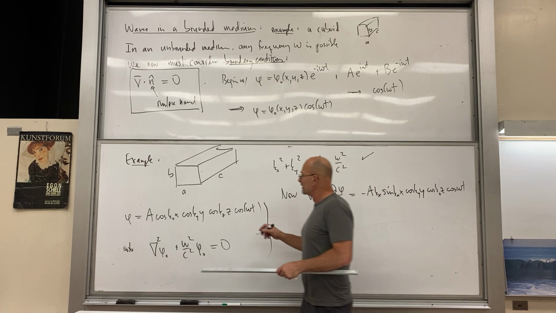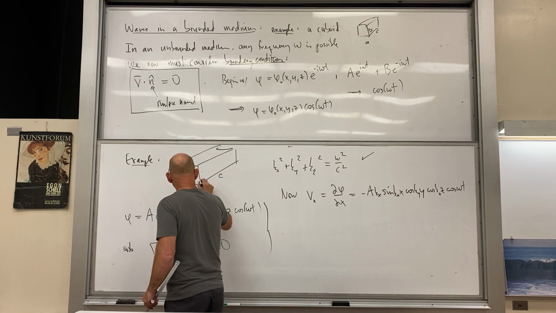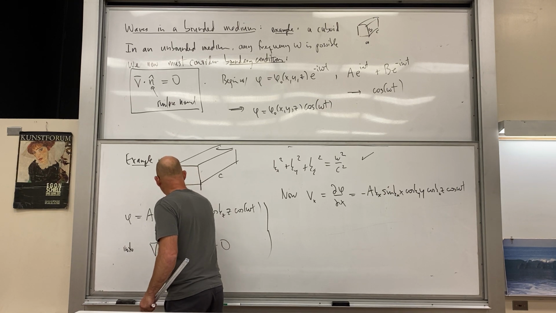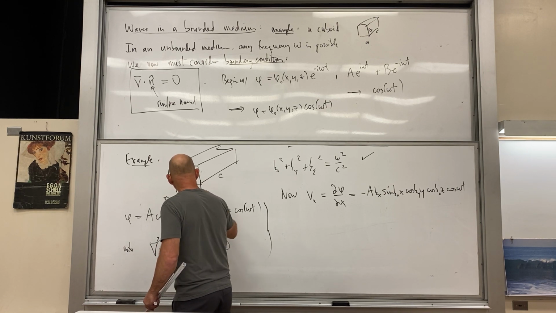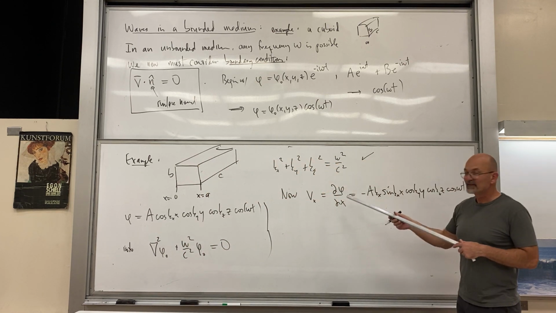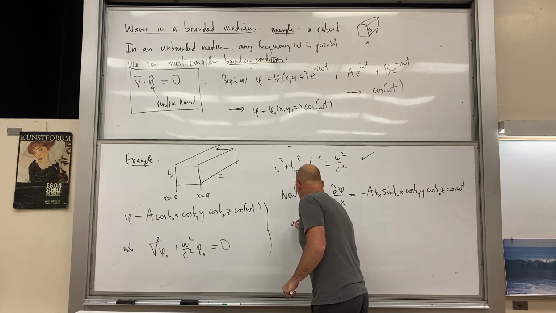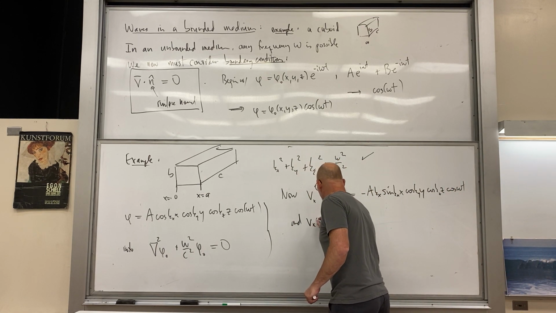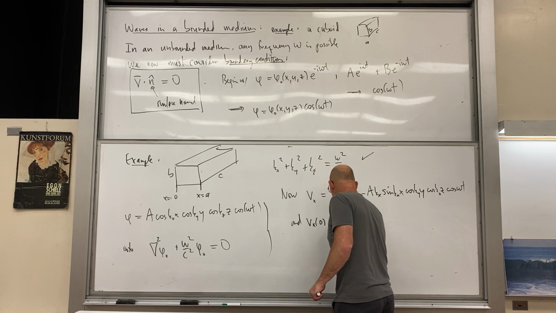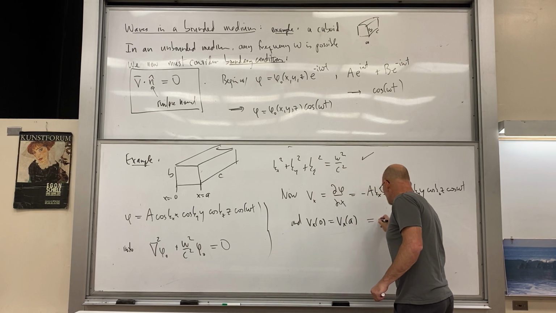So if this is x equals 0, and this is x equals a, then this has to vanish at those 2 points, and vx of 0 equals vx of a equals 0.